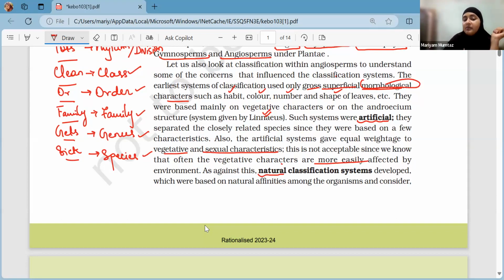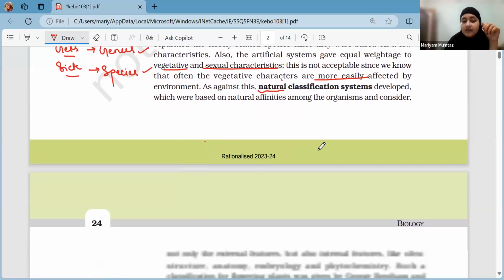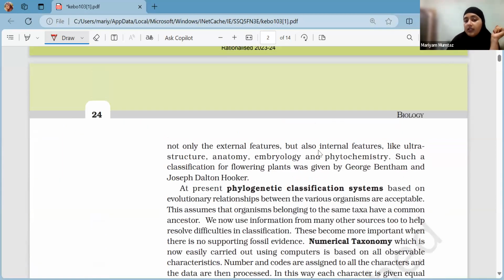This was actually based on the natural affinities among the organisms and considered not only the external features, but along with the external, the internal features were also considered. Like what? Cell structure, anatomy, embryology, phytochemistry, every single thing is now considered from inside also. The natural system of classification was given by George Bentham and Joseph Dalton Hooker.